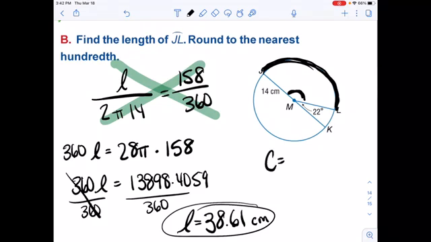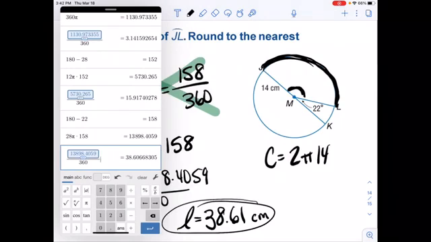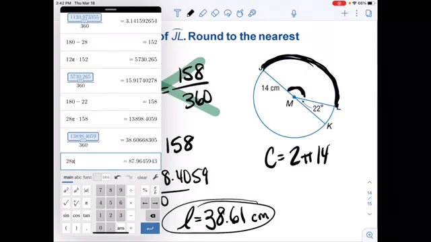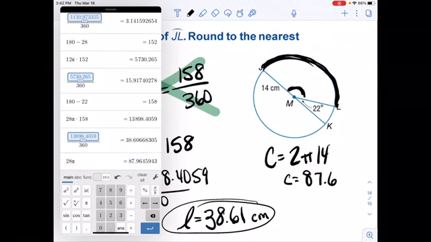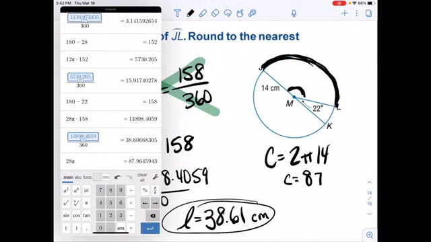So if you want to do a quick check to make sure you're in the good ballpark, you can take 2 pi times r, or 28 pi in this case, and you can decide if your arc length, which we thought would have to be a little under half of your circumference, is pretty good. And I would say we're in a good ballpark range here for our length of our arc. So our answer should be good.